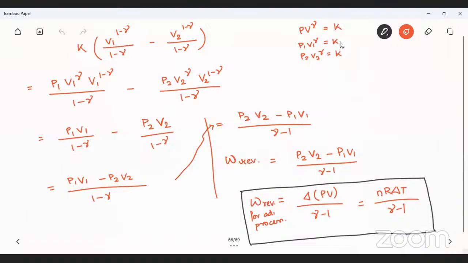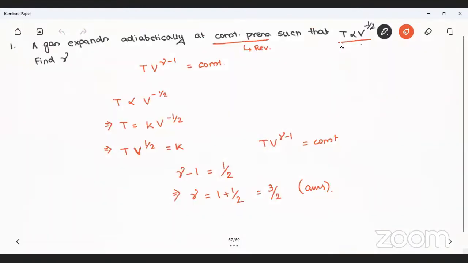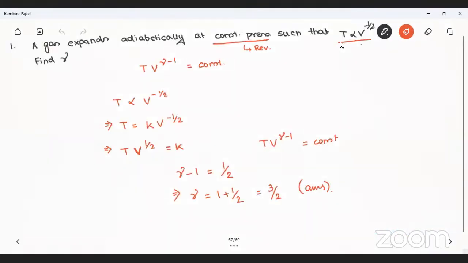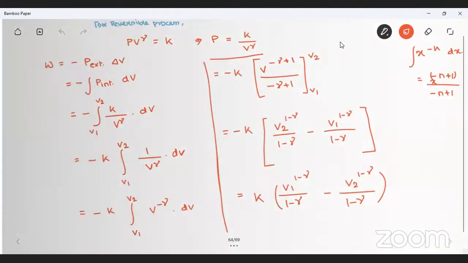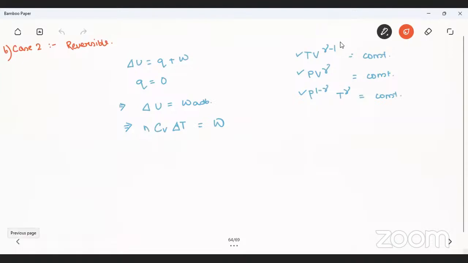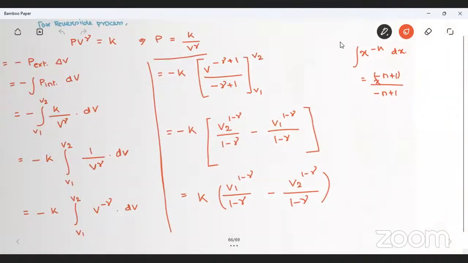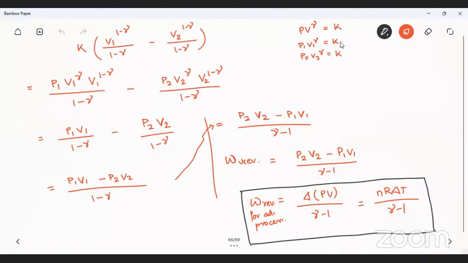Sorry, I made a mistake. Constant pressure, it is irreversible, right? So for irreversible, what is the final formula I told you to calculate the final temperature? So we will use this formula first to calculate the final temperature.